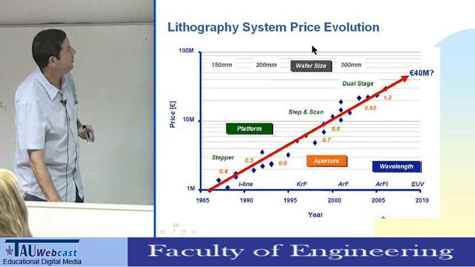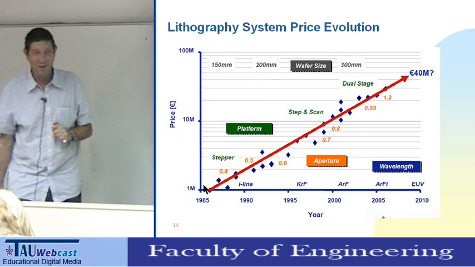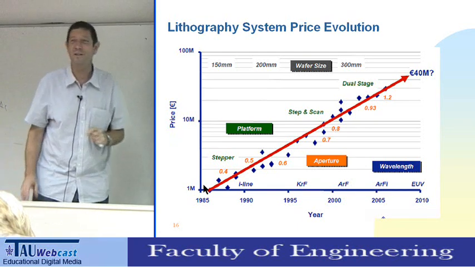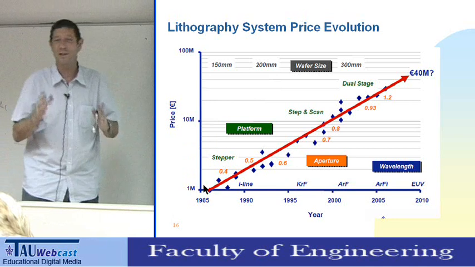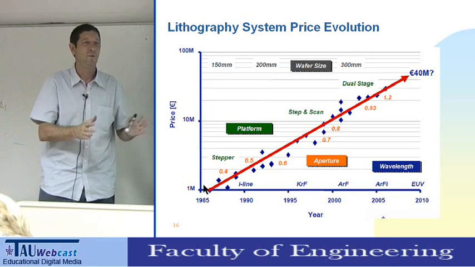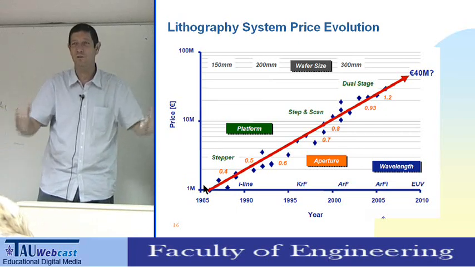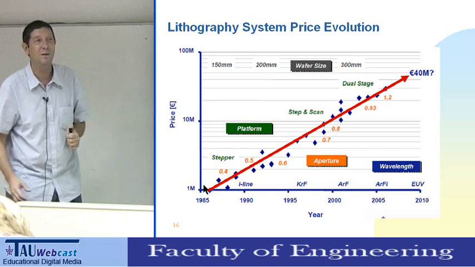So, lithography system price evolution. This looks more like a class in economics, but lithography and economics go together, because lithography is the most expensive part. The other equipment is not cheap either, but the lithography section is the most important and most expensive section.